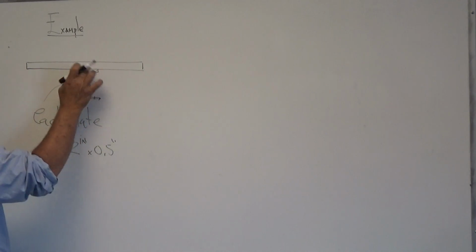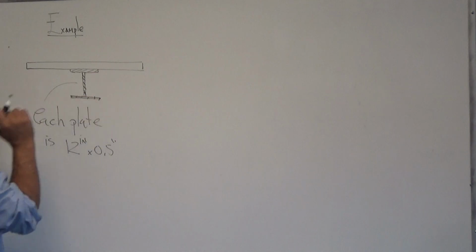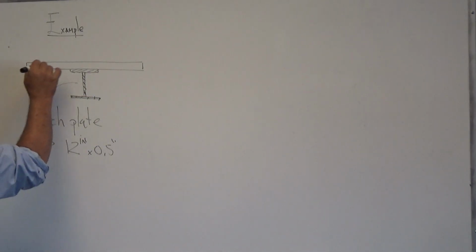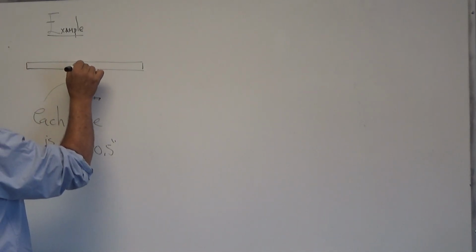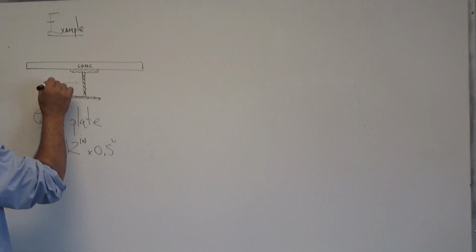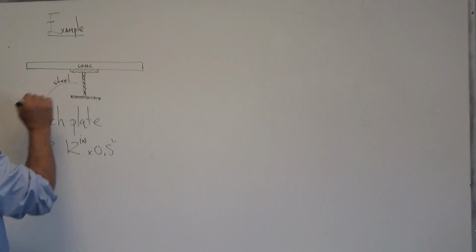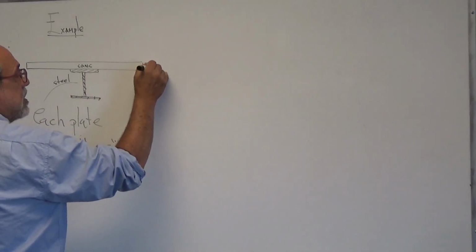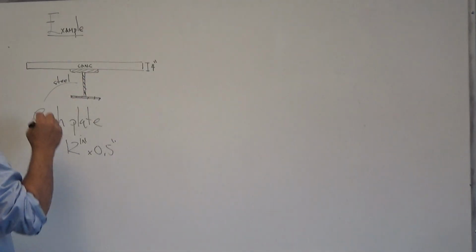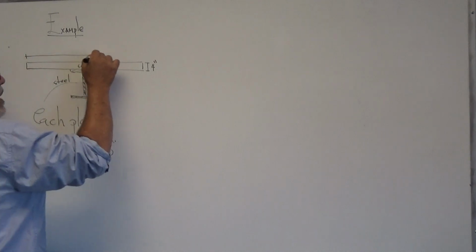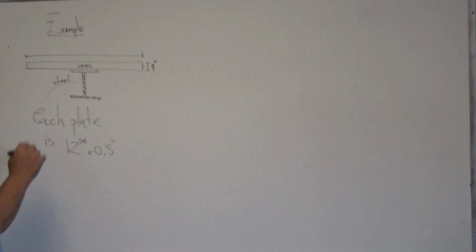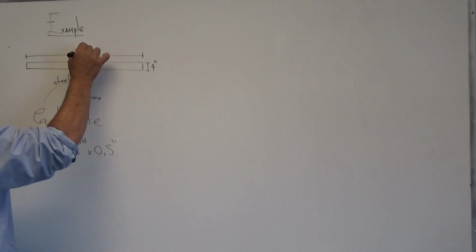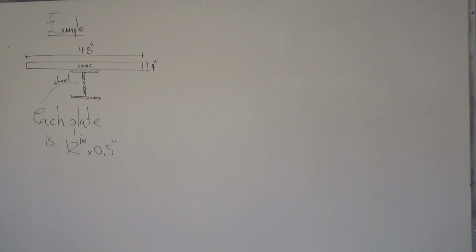So this is a 12 by a half, a 12 by a half, a 12 by a half, okay? And this is concrete. This is steel. And this concrete is 4 inches this way. And it's 4 feet wide, which is going to be 48 inches. Okay?